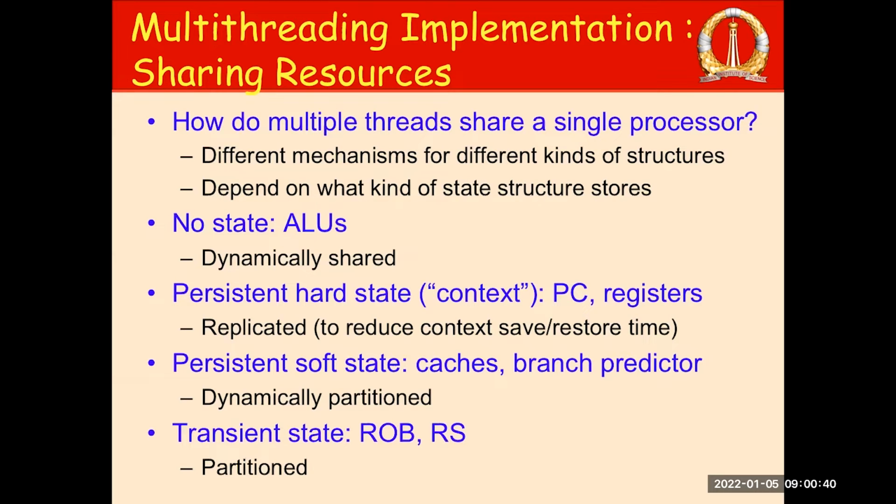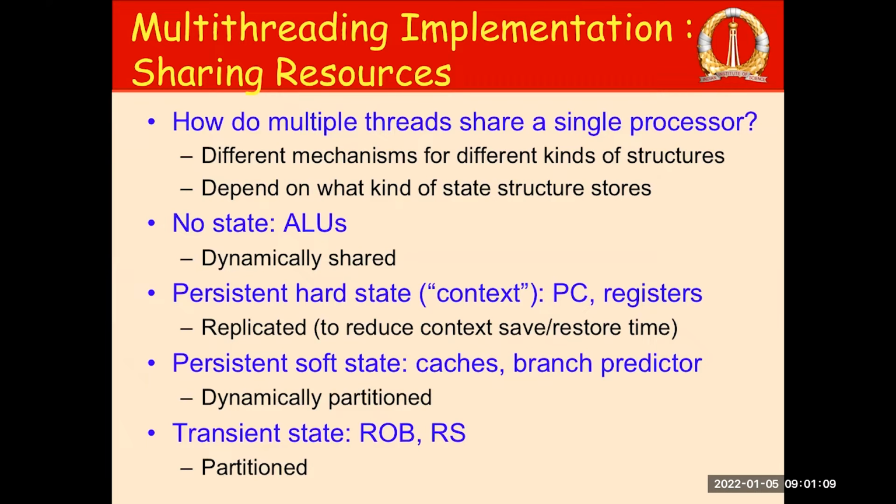And when you talk about microarchitectural structures such as the reorder buffer or the reservation stations or the load store queue and so on, they are transient states. They are also shared between different threads, and the way in which the sharing happens might depend on how exactly the different threads are being scheduled. Okay. We will first see how the different threads are being scheduled, and in that context, I will make a comment about how this sharing is going to happen.